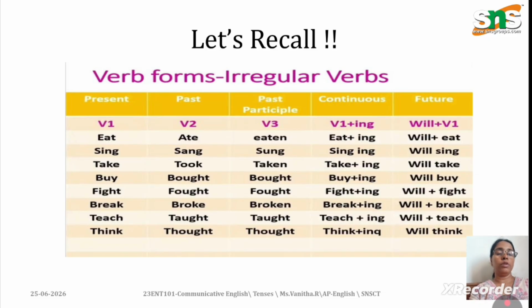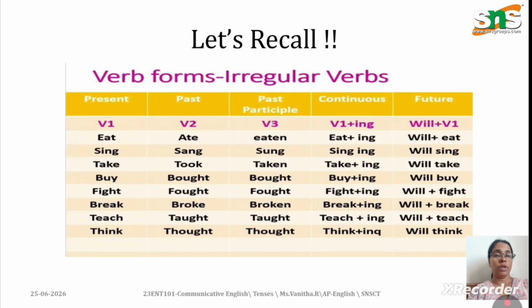So here, there are a few verb forms that we are supposed to know to make our tense proper: present tense, past tense, past participle, continuous, and future. So these are the 5 forms that you change in the use of verbs.